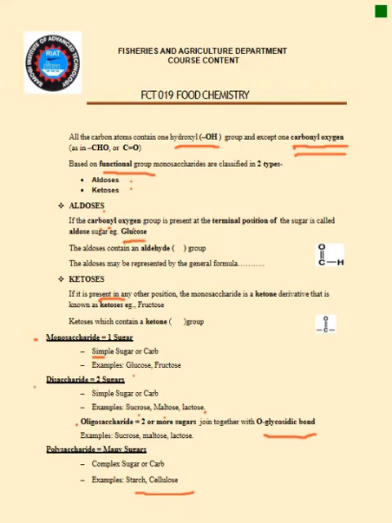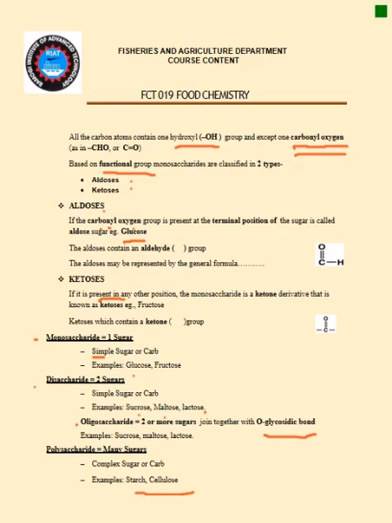Now, as a summary, monosaccharide is equal to one sugar, and they are the simplest form of sugar. Examples are glucose, fructose, and even lactose. Then we have disaccharides, which is equal to two sugars, as I've said.